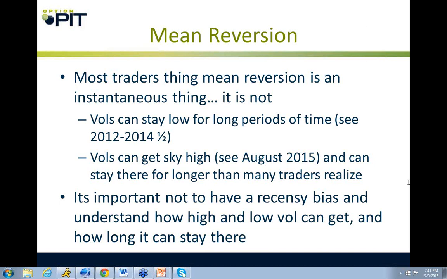So when you look back, especially with volatility, it's important to look at least a decade of volatility, maybe longer, to truly understand how much an underlying can move. So that's the key.